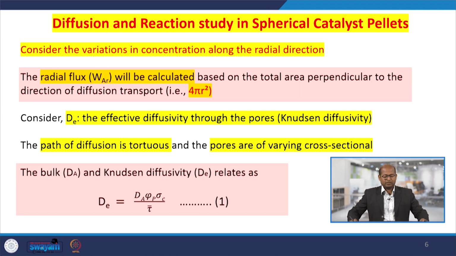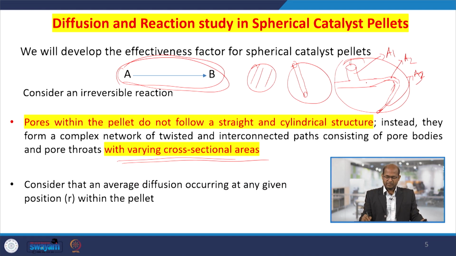Before that, let us consider how diffusion happens. Here we have considered diffusion in a spherical particle. Let us say the radius is r, and the outer radius is capital R. This is the center, and this is the outer surface.